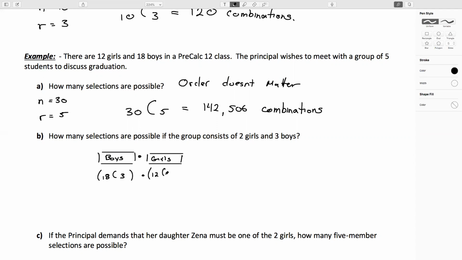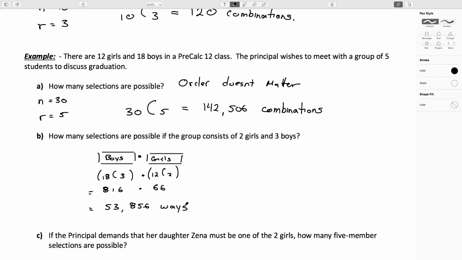So 12 choose 2 is the number of combinations of girls. 12 choose 2 is 66, while 18 choose 3 is 816. So if we multiply these together, there's 53,856 different ways that you could pick these students.